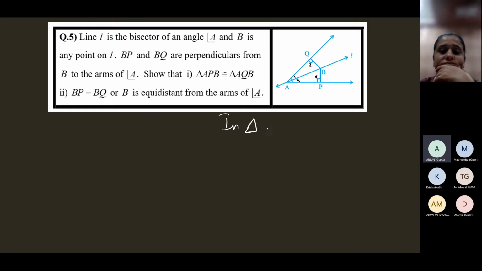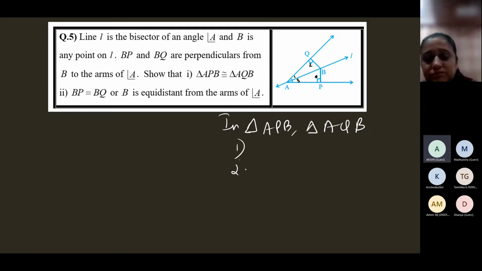In triangle APB, and in triangle AQB, we have angle APB and angle AQB equals 90 degrees. Use the numbers. Ma'am, angle 4 and angle 2, ma'am. That's equal to 90 degrees, ma'am.